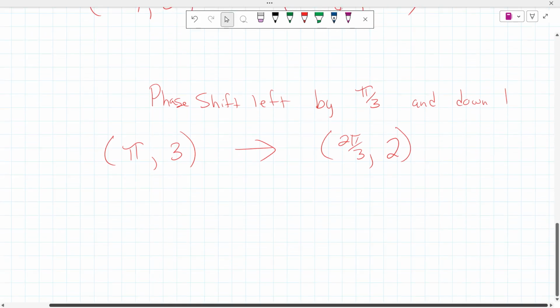Let's do that again for a different one. Let's say we're at (pi over 6, negative 2). Now where am I going to be if I phase shift left by pi over 3 and I go down by 1? Where is my new point going to be?